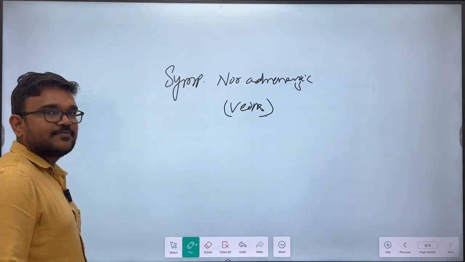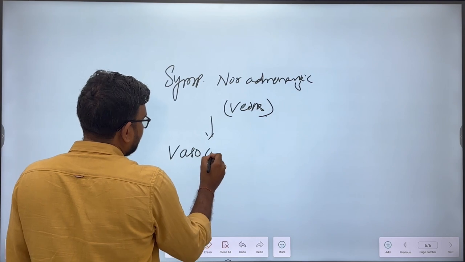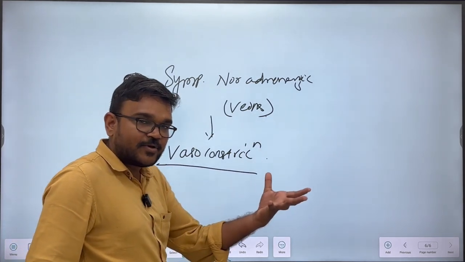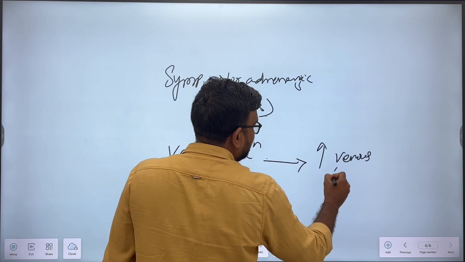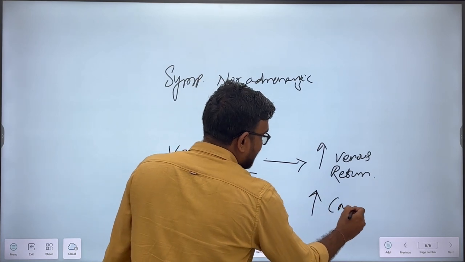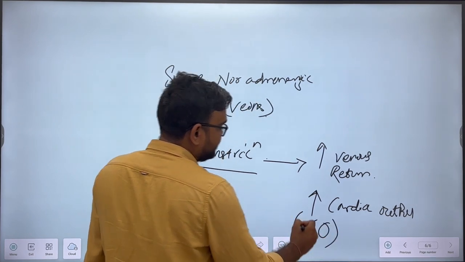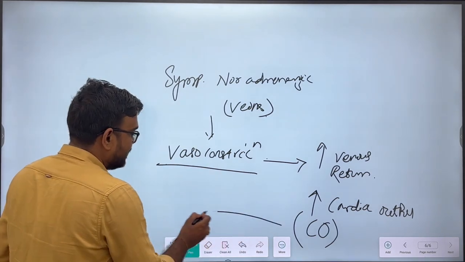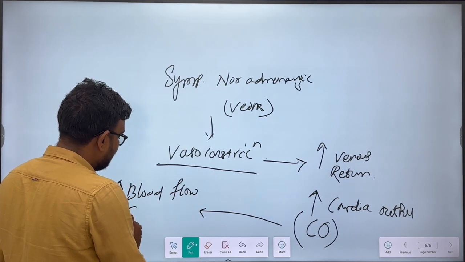The sympathetic noradrenergic fibers that supply the veins cause vasoconstriction. Whenever there is venous constriction, increased venous return will be seen, so increased cardiac output will be seen. This is one effect. If the cardiac output is increased, then there is increased blood flow to skeletal muscles.